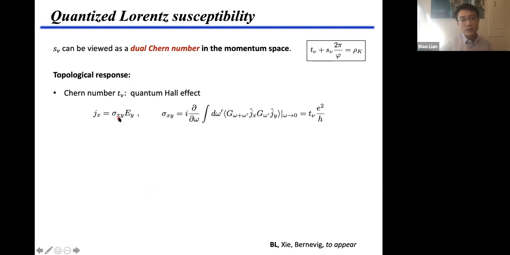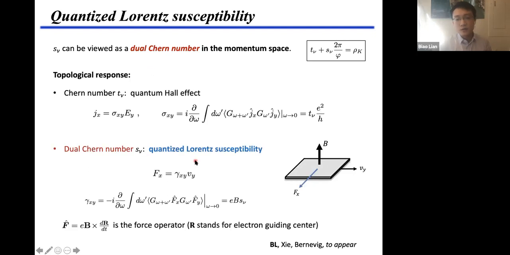And because it is well known that the Chern number has a topological response, which is the quantum Hall effect, it gives us a quantized integer sigma xy, the Hall conductance, proportional to T nu. So one might wonder whether S nu also has a quantized topological response. And indeed, what we find is that this dual Chern number corresponds to a quantized Lorentz susceptibility.